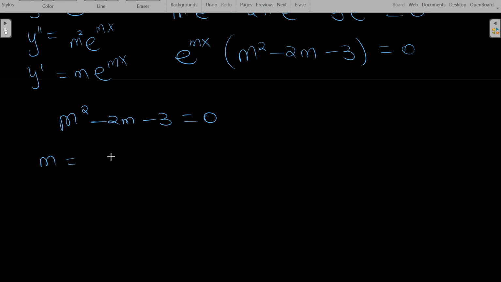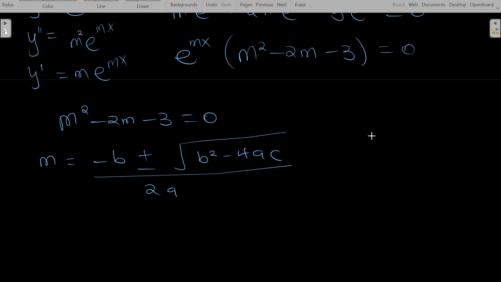The value of m will be minus b plus or minus the square root of b squared minus 4ac, divided by 2a. If I compute this, I get 2 plus or minus the square root of b squared, which is 4, minus 4 times 1 times negative 3, then divide that whole expression by 2.